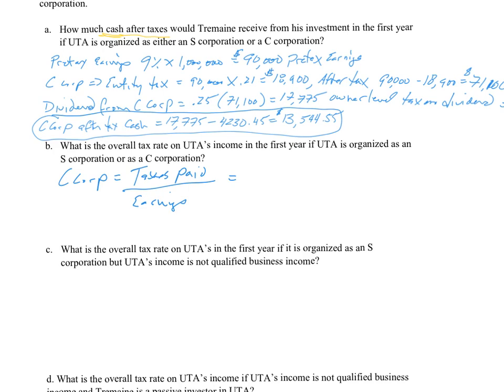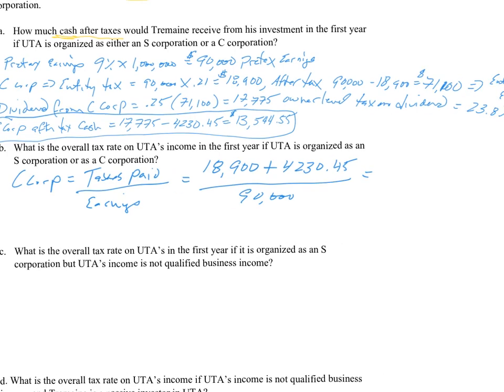Okay, so what taxes were paid? Well, in this situation, we had an entity level tax, and our entity level tax was $18,900. And we had an owner level tax, right? And our owner level tax paid was $4,230.45. And then what were our earnings? Well, our earnings were that $90,000.